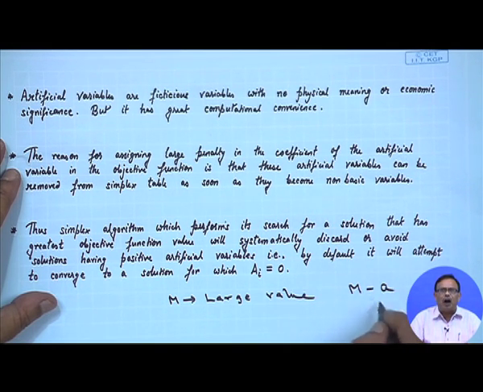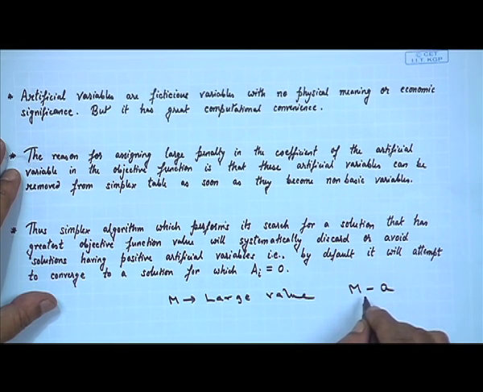That means, whatever larger value of a you take, the value of M will always be greater than a. We have to assume that it takes a very large value, or in other words, if we subtract any element from M, the value of M will always be greater.